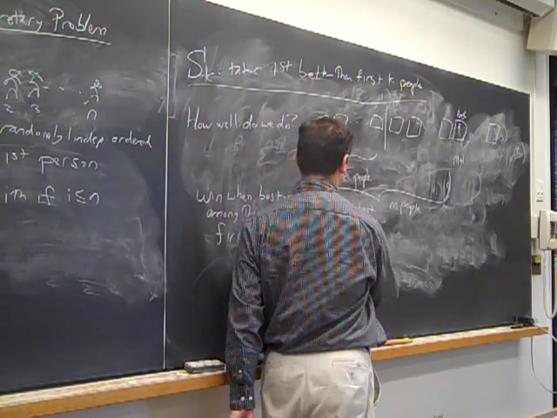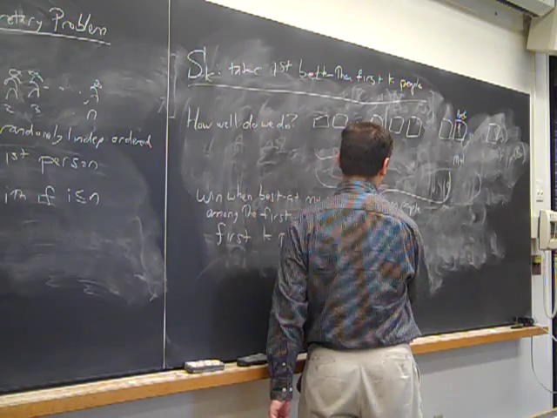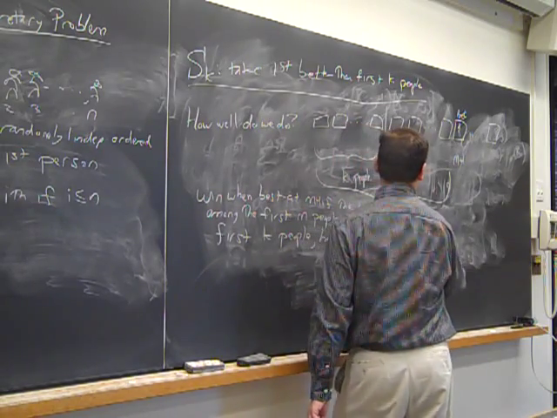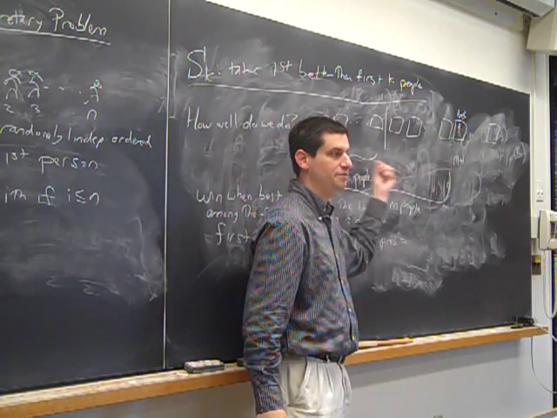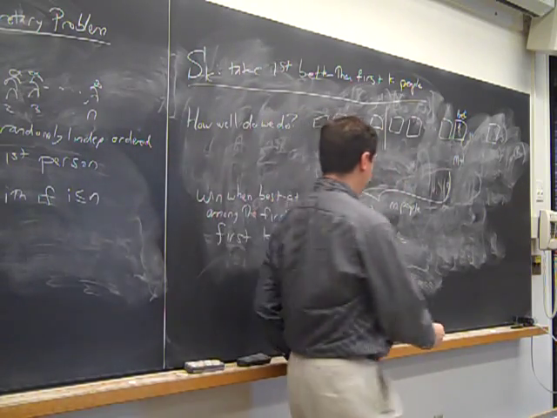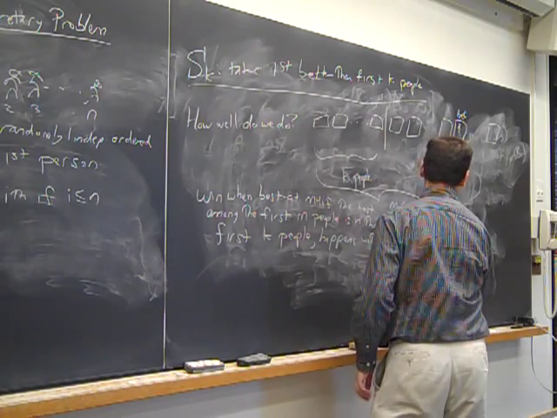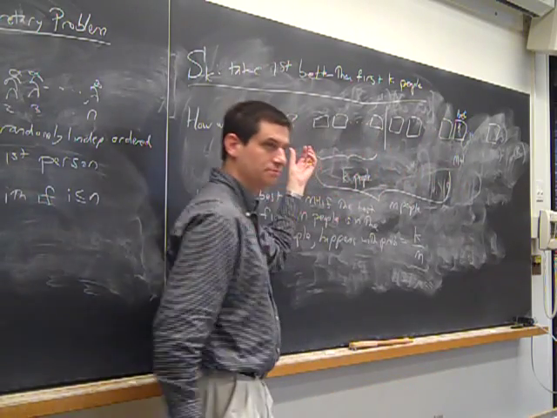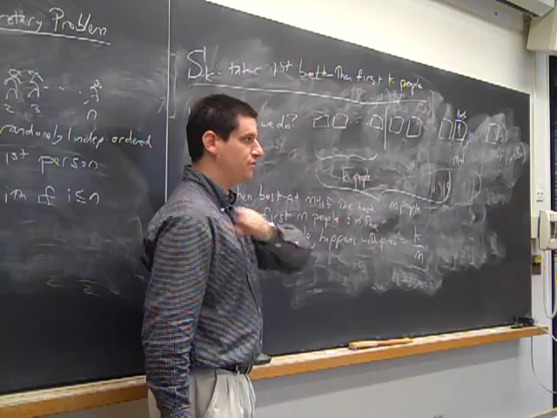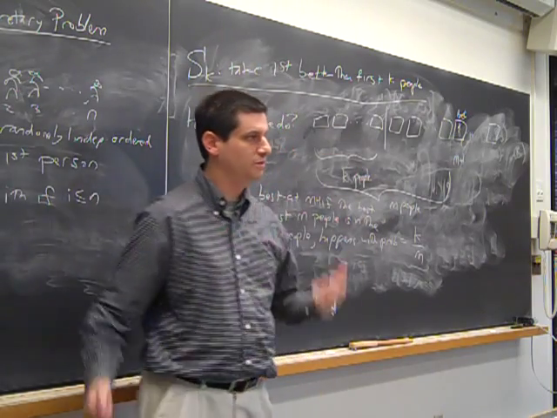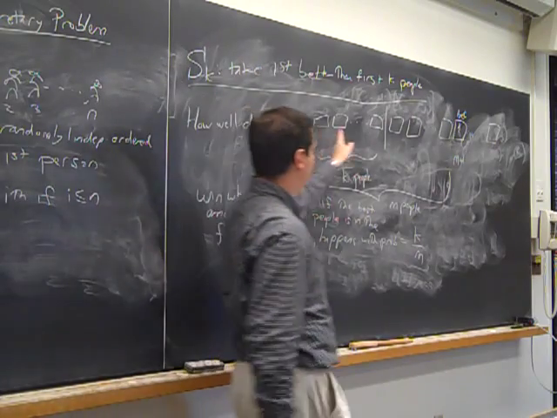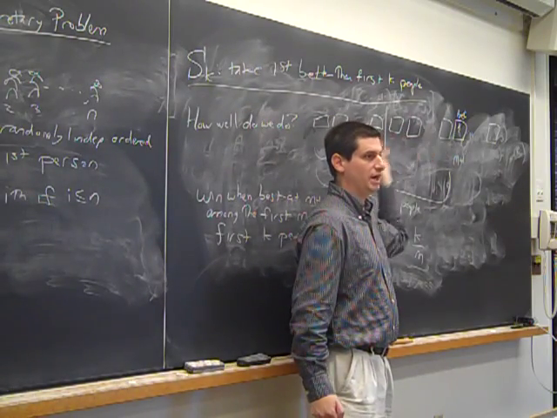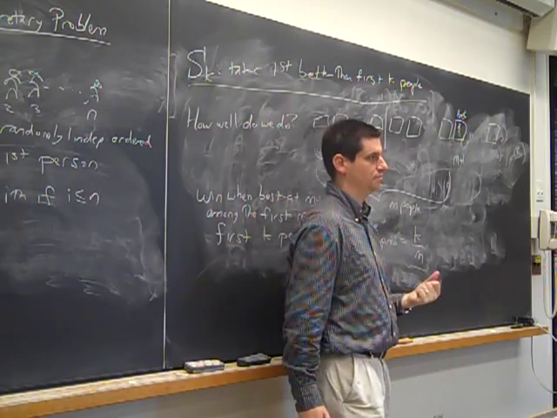And that happens with what probability? What's the probability that the best among the first M people is in the first K? K over M. I have M slots, and I have to throw the best among the first M into one of those slots. The probability that they land in the first K is K over M. I have M possibilities, K of them work.